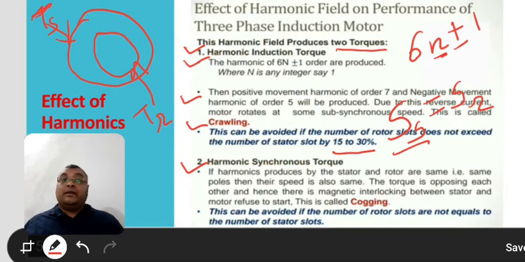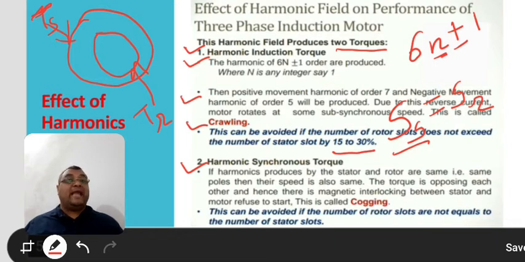The torque is the same in magnitude, but it opposes each other. Keep in mind, this torque is the same in magnitude but opposing. Hence there is magnetic interlocking between the stator and rotor. So we know this situation where the motor refuses to start as cogging.